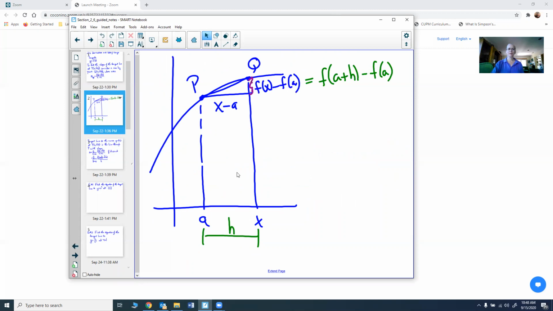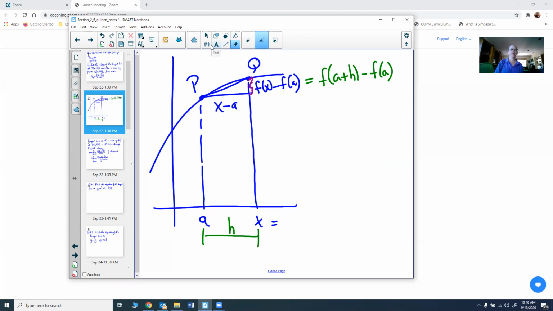If we use the idea of h, then this point down here is a. Since this distance is h, then this point can also be thought of as a plus h.